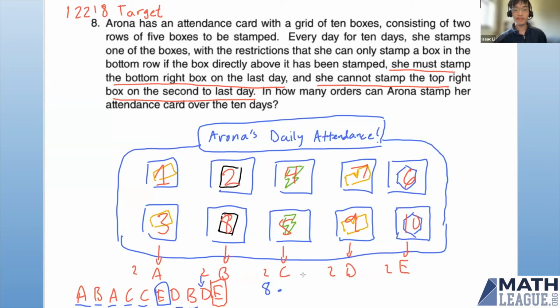So if you know the Mississippi formula, this is just 8 factorial over 2 factorial times 2 factorial times 2 factorial times 2 factorial. And if we simplify this, this comes out to 8 factorial over 2 equals 20,160.